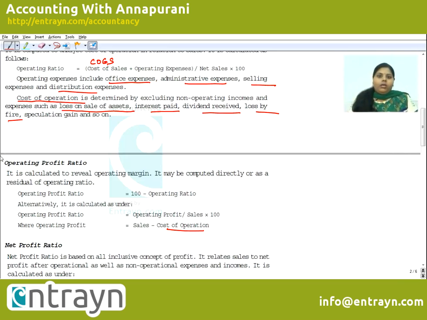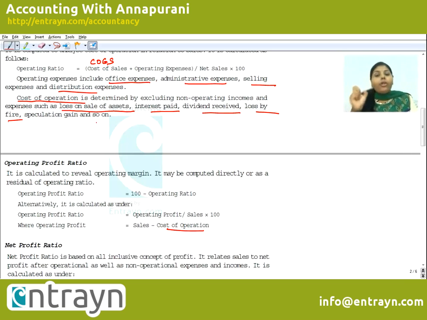The director's remuneration is coming every month to him, so that's an operating income. Discount received is an operating income. You'll have to understand where we are using the terminologies. Operating expenses are regular expenses and operating incomes are regular incomes.